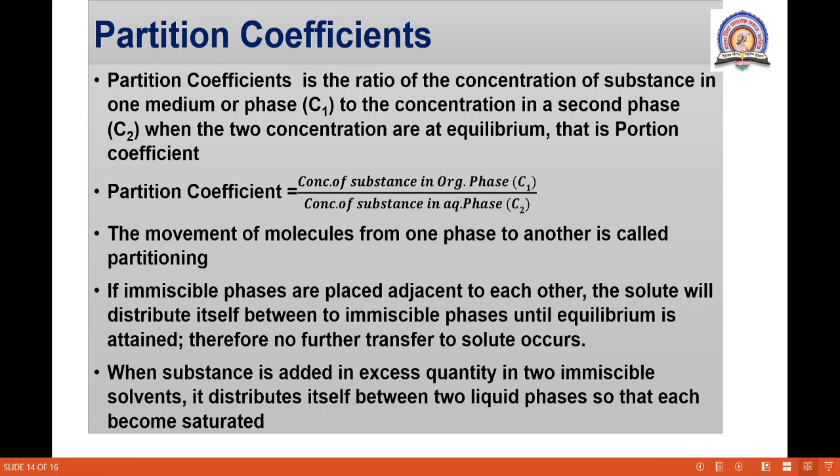Therefore, no further transfer of the solute occurs. When the substance is added in excess quantity to two immiscible solvents, it distributes itself between the two liquid phases so that each becomes saturated. Okay students, you have to remember the definition and the formula for this partition coefficient.